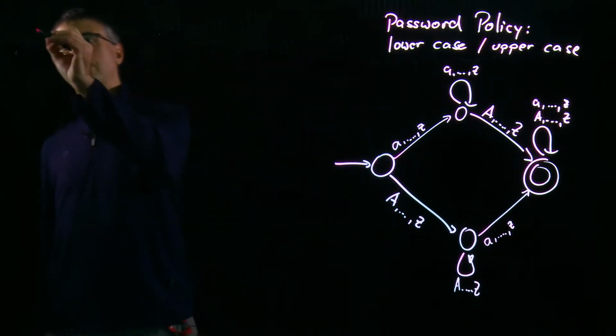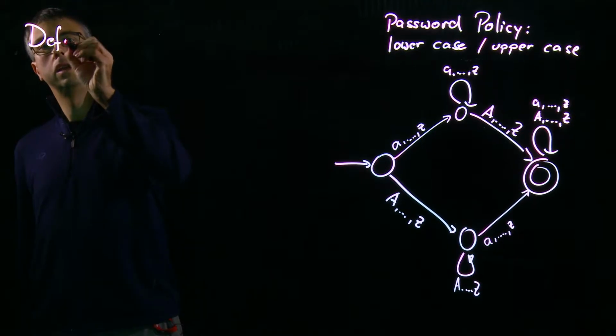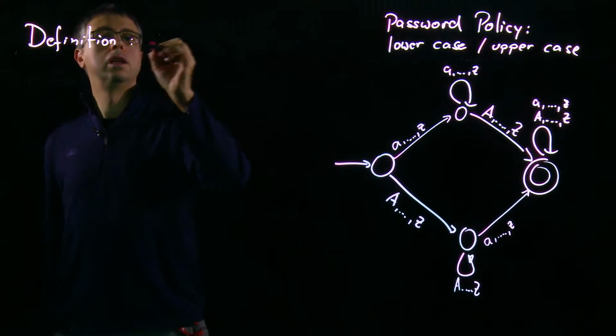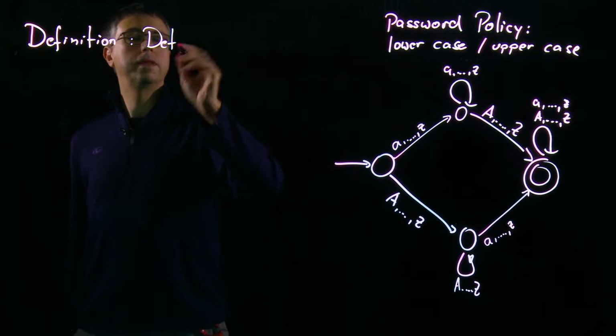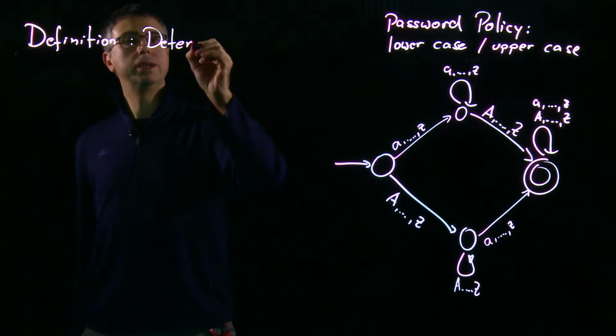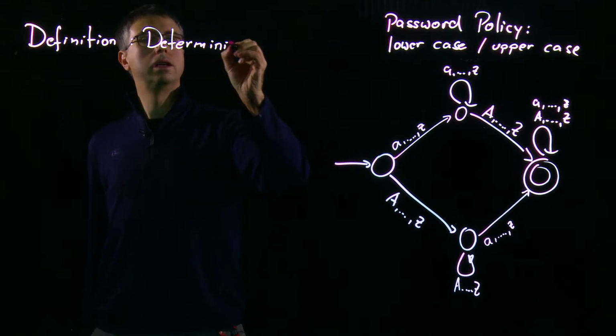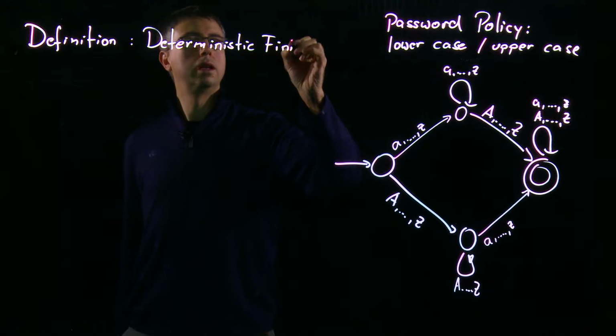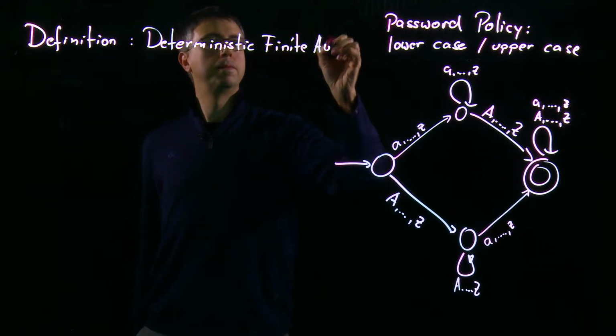So we define: the automaton model is called a deterministic finite automaton.